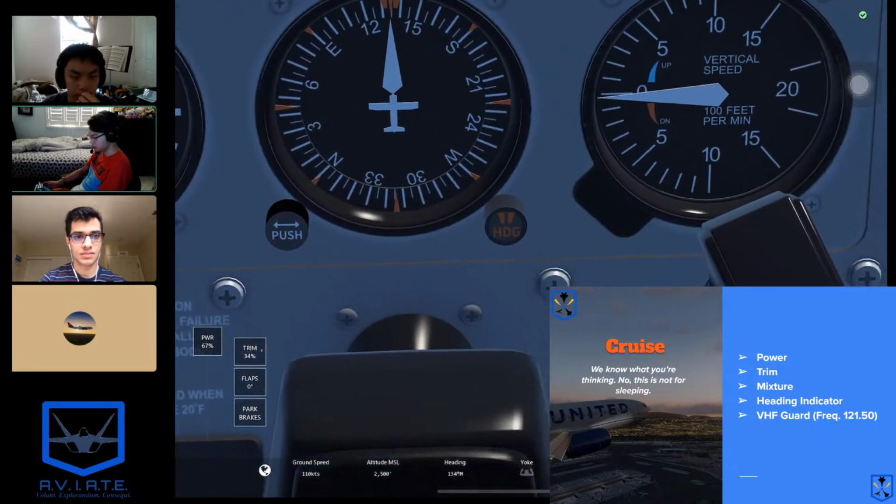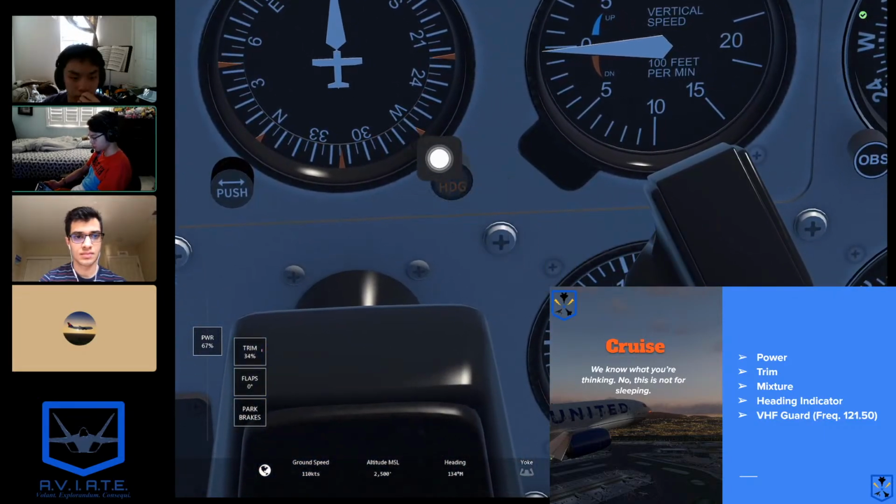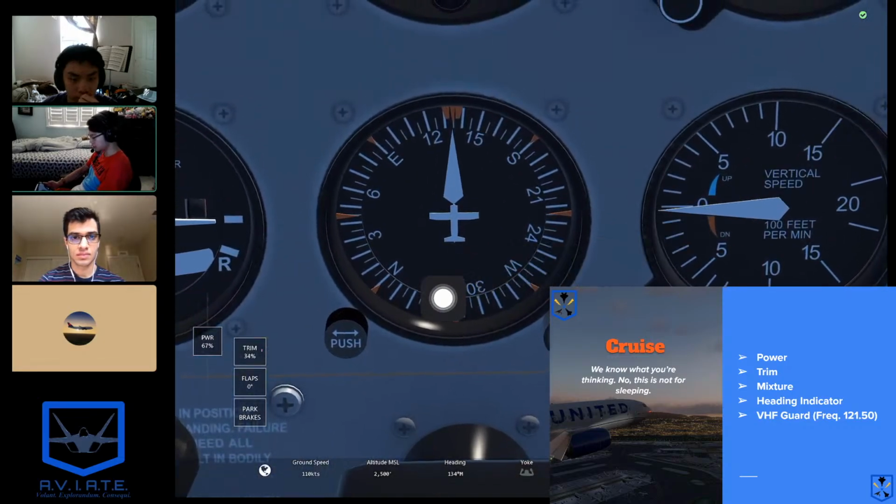You would use this white knob, correction, not orange, the white knob, and turn it, and that would turn the entire compass card. Then you match the compass card to the magnetic compass on the top of the aircraft. That is how you realign it, and you have to realign it every 15 to 30 minutes.